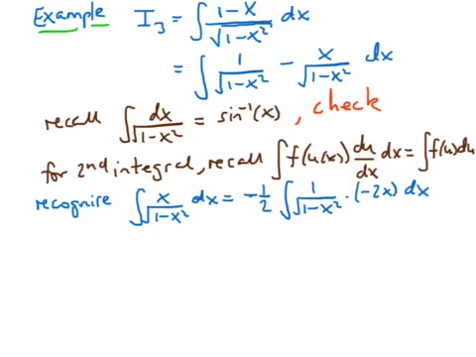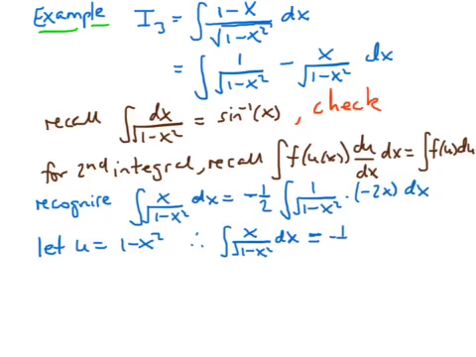So we're going to now let u equal 1 minus x squared, and therefore the integral of x over the square root of 1 minus x squared with respect to x is minus a half, and now it's the integral of 1 over the square root of u with respect to u. So this is u to the minus a half.